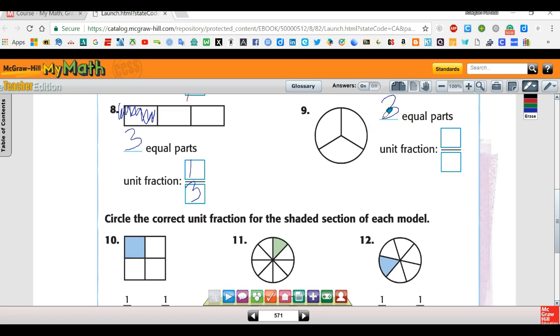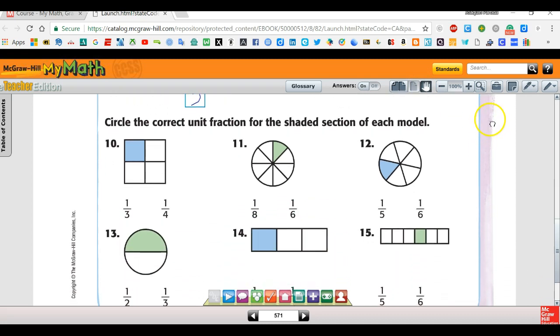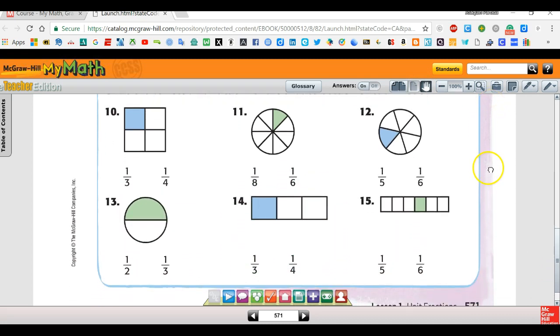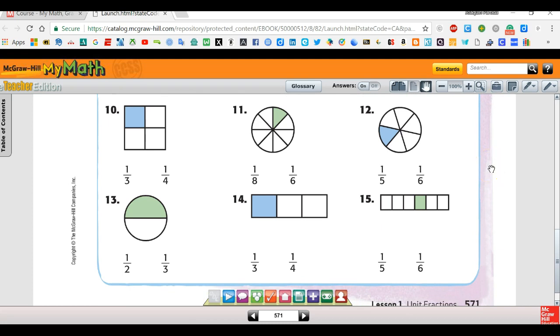And each one of those, the unit fraction is 1/3. So I have to shade just one of these parts right here. And that's it. Now they have it shaded in already. Okay, number 10.